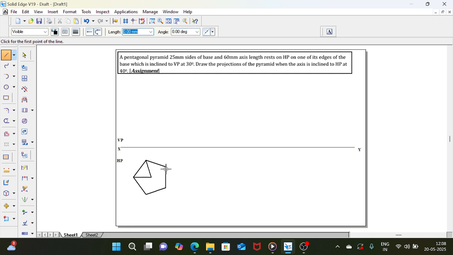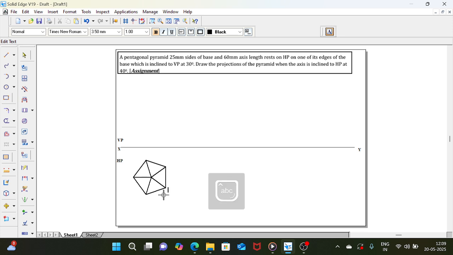Then from the remaining corners you join to the axis point, like this. Then do the naming. With small letters you should do a, b, c, d, e, and the axis point, when you see from the top, is o or o1.